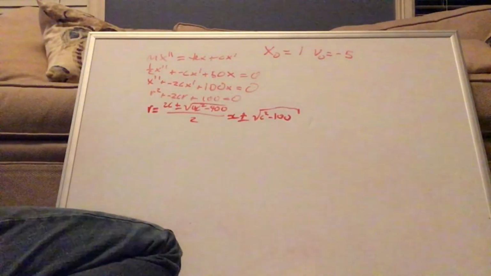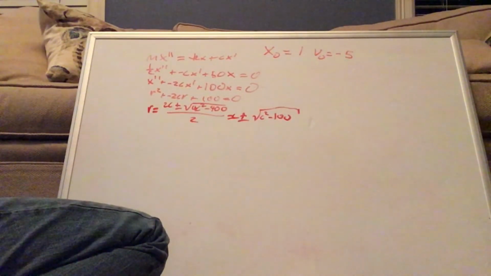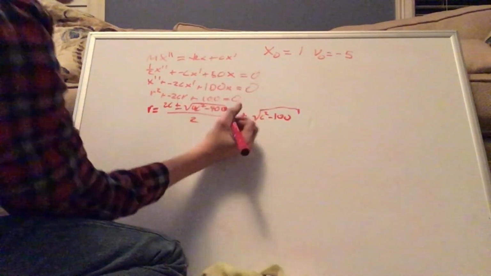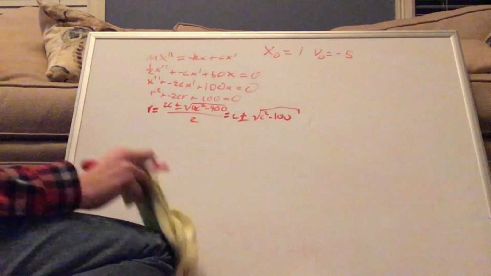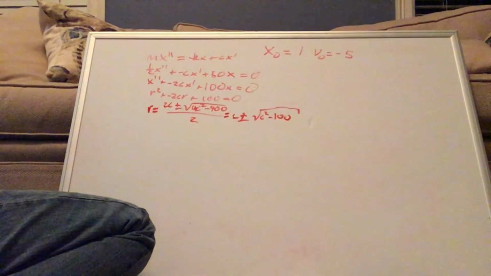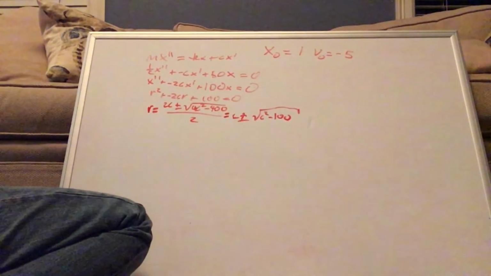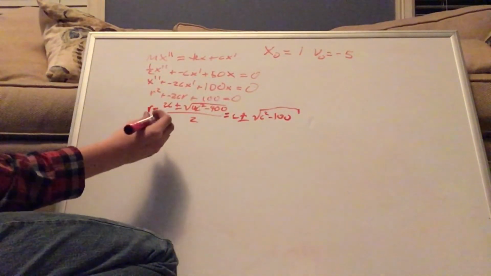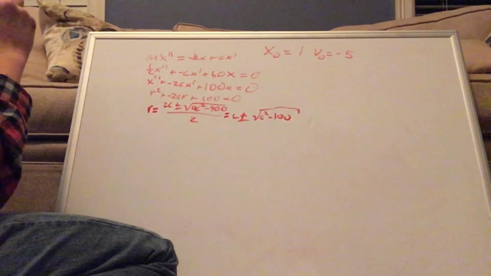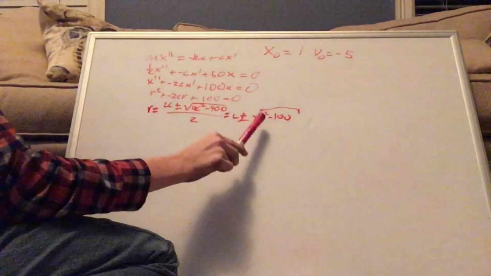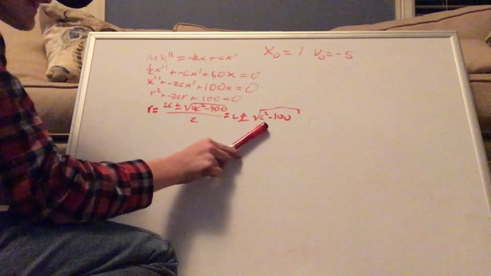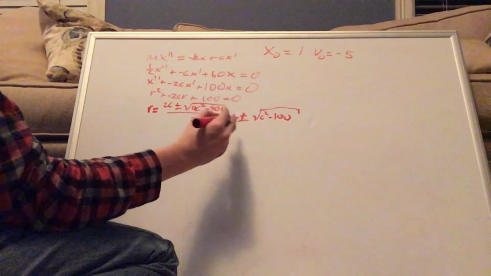Correct. So that's not actually the root, that's a 0. The root would be negative c plus or minus. So what we have to do now is find the value of c. The smallest value of c that is not going to be complex is 10, because 10 squared minus 100 is 0, so we need to find the 0 of this, right? So c equals 10, right?